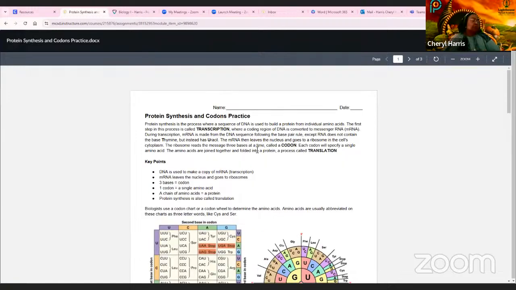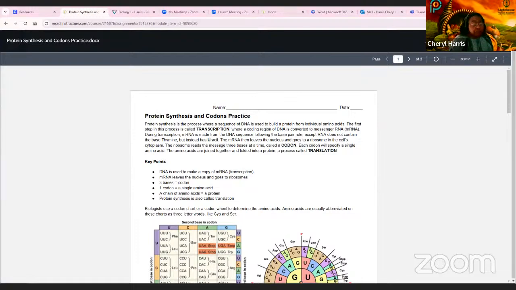Backing up a little bit, this is kind of review. The whole issue with DNA is to replicate. The DNA has all the information for making all the structures in the cell and in the body, and so it just has instructions.